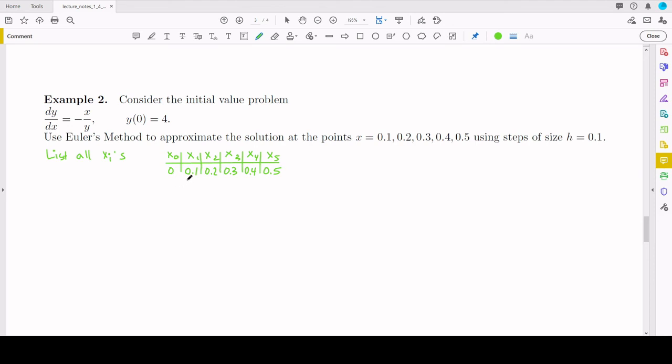And you see that each time we change the x_i's, we go up by 0.1.